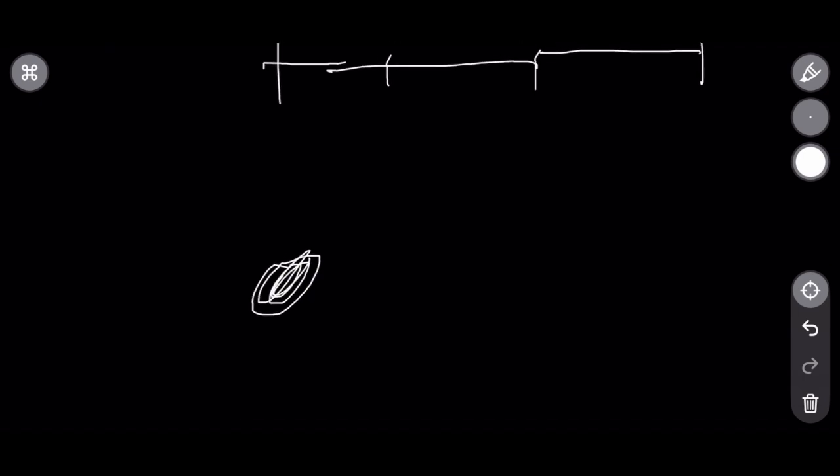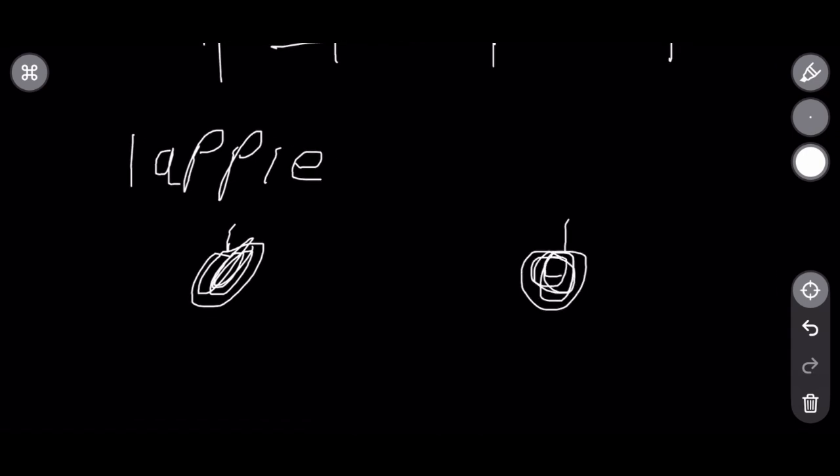Okay, right. So, this is my representation of an apple. Let's say John has 1 apple, and then Lucy has 1 apple too. John takes her apple. He steals it.